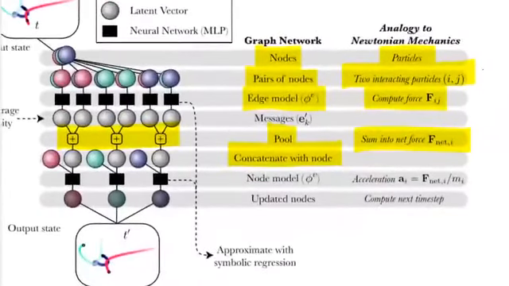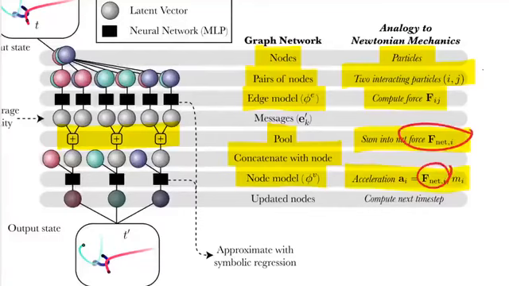So you concatenate the aggregated edge messages with the node. Then you compute the node model, which in this case is simply you take this sum right here and you divide it by the mass.